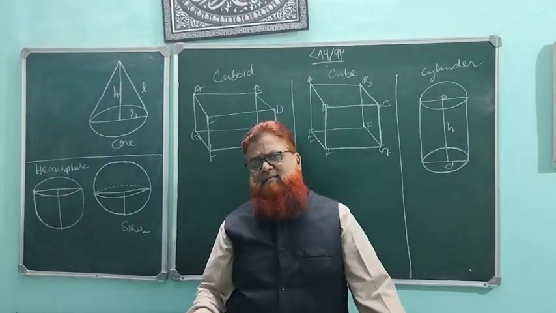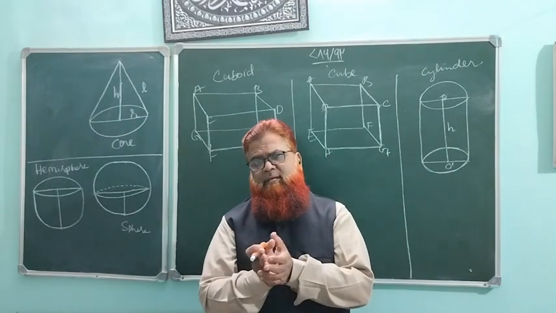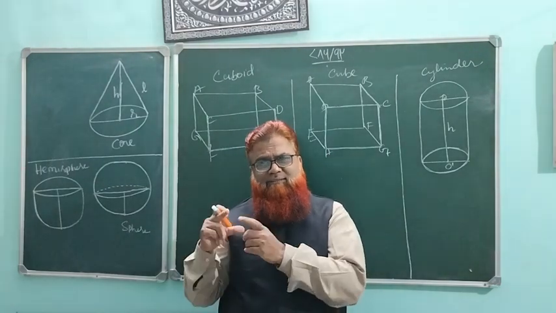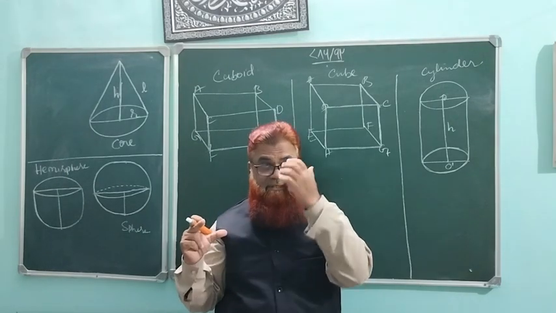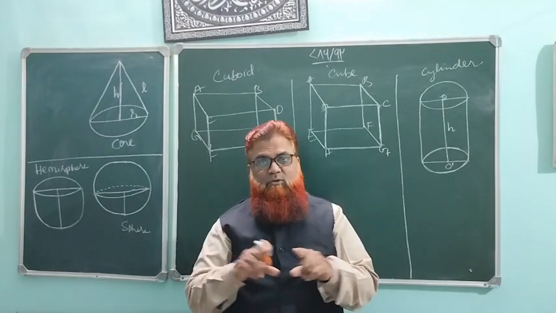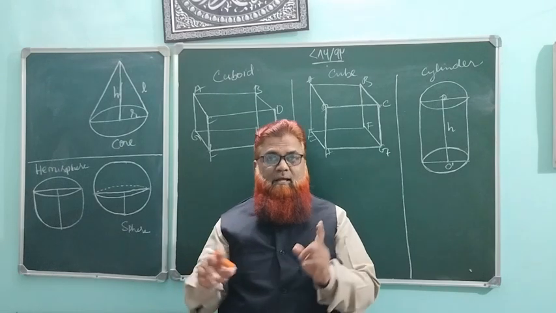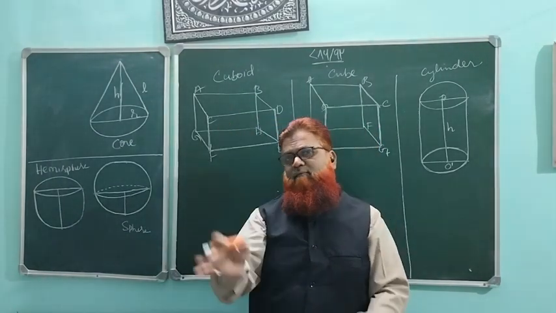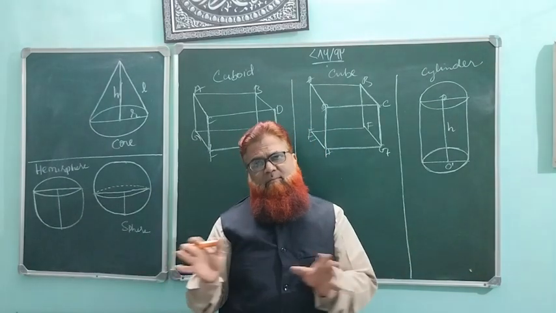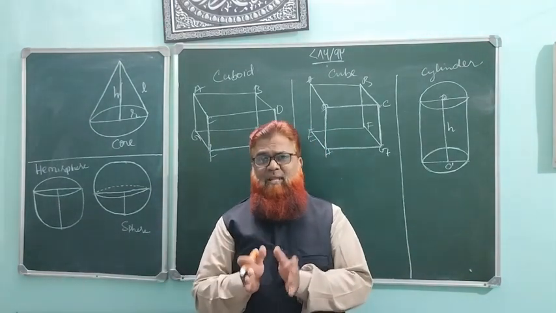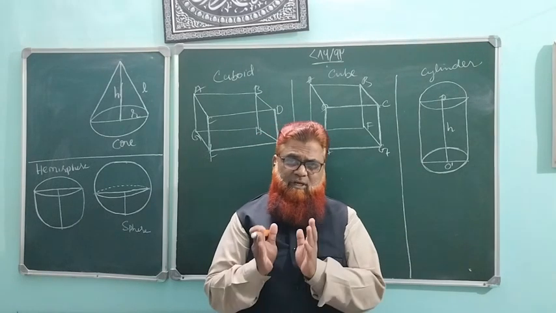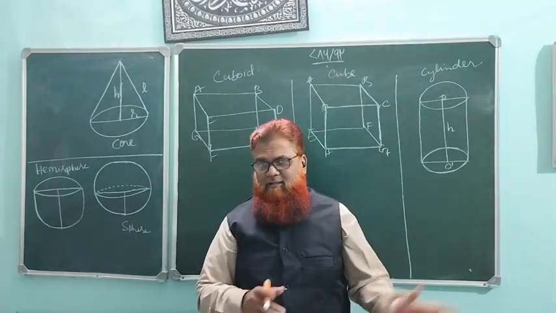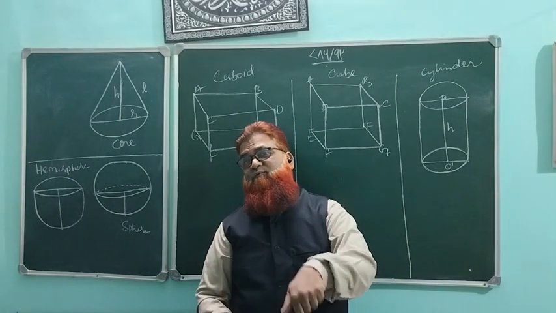It means a figure constructed with three-dimensional measurements. Two-dimensional has length and breadth, and three-dimensional has length, breadth and height. Practically and logically we have only three dimensions: length, breadth and height.